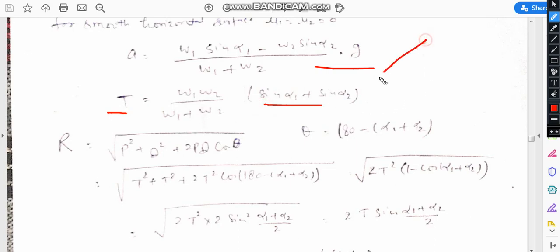Here, if this is alpha 1 and this is alpha 2, the angle between these two tensions is 180 degrees minus alpha 1 plus alpha 2. By putting this value in this equation, the resultant is 2T sin of alpha 1 plus alpha 2 by 2.